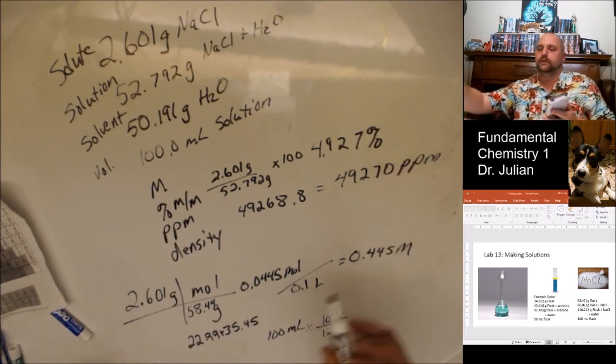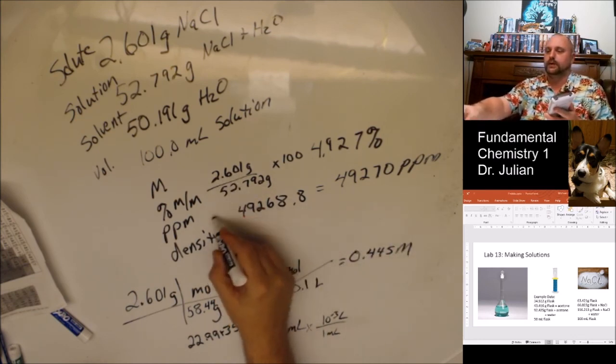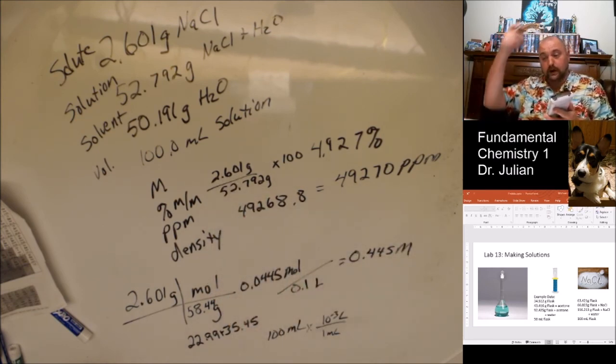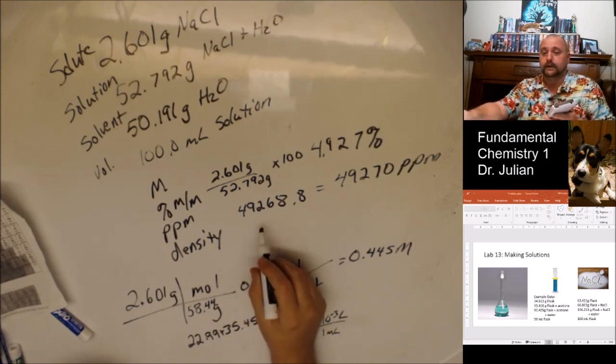Notice no decimal. I want that 0 to be significant. You can show this same work down here times 10 to the 6.